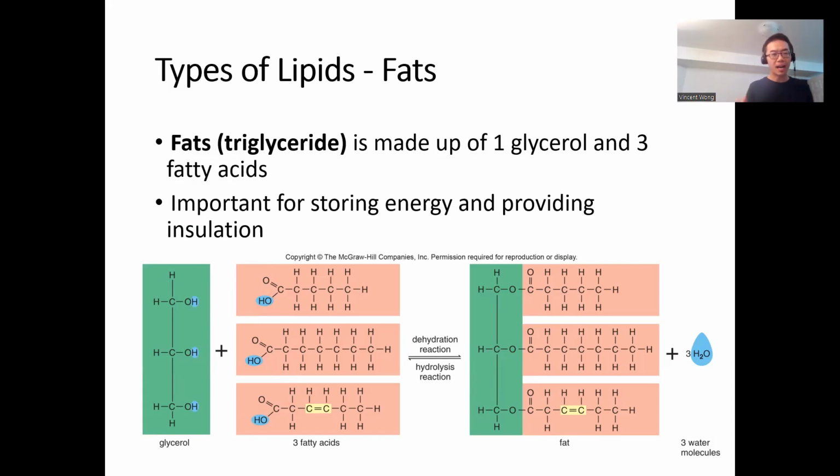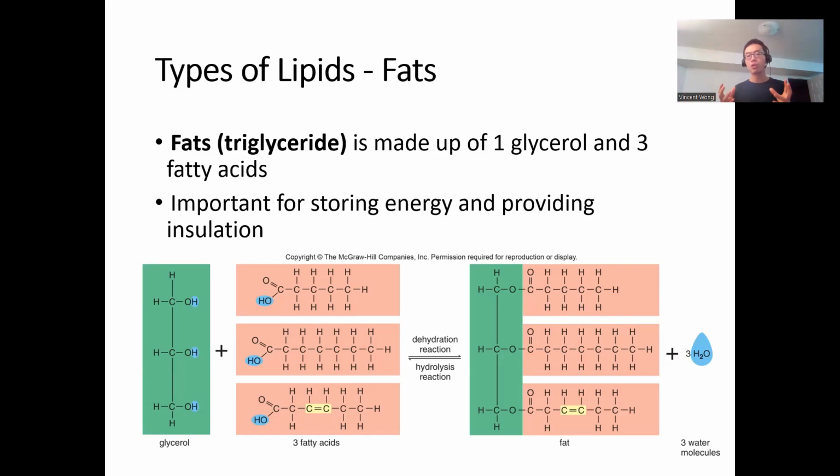So what do we need fat for? Fat is, like I said, excellent for energy storage. But it usually will form around major organs as well. So around your heart, your kidney, your liver, it's actually normal to have a little bit of fat that surrounds it.